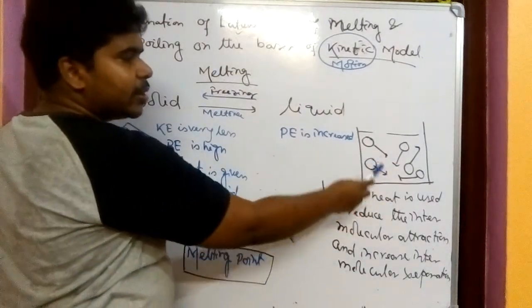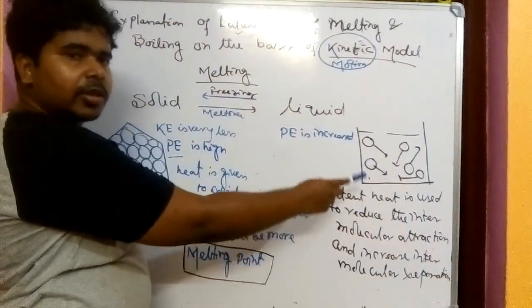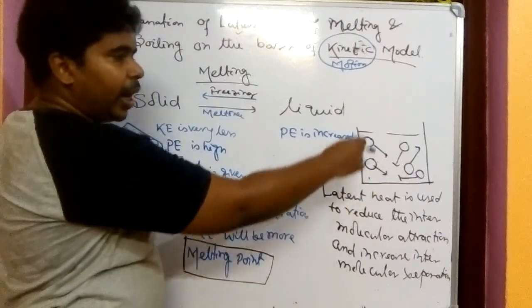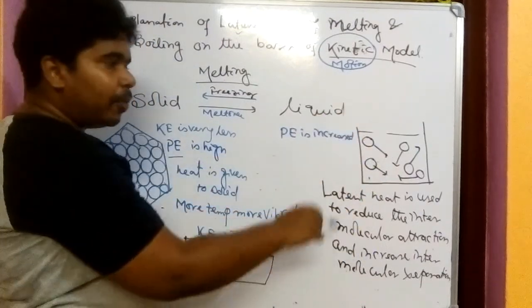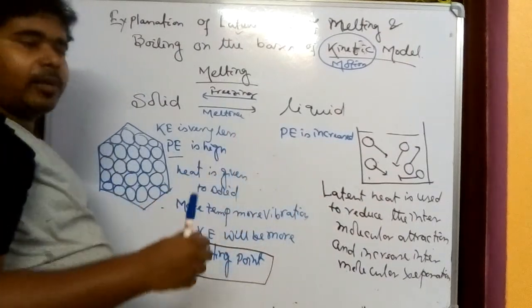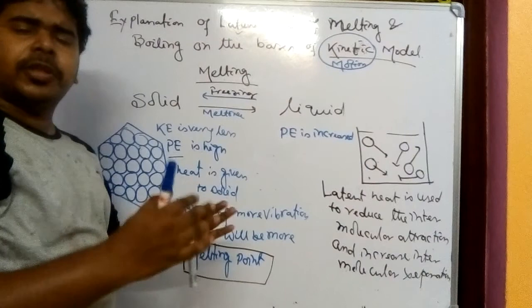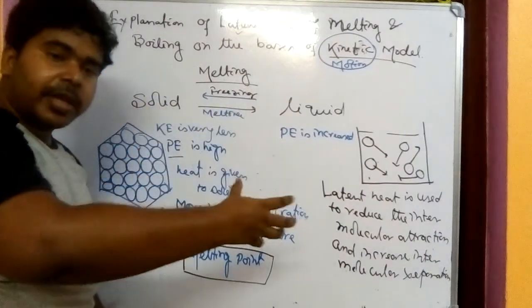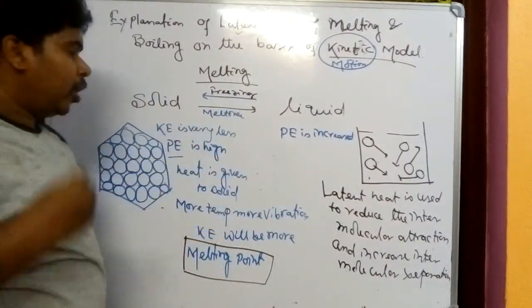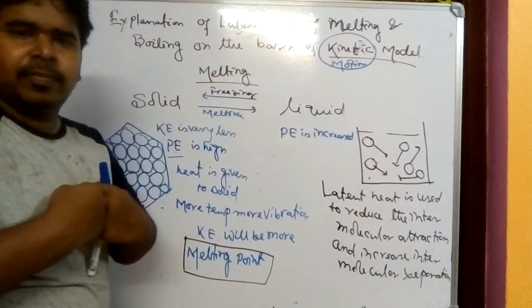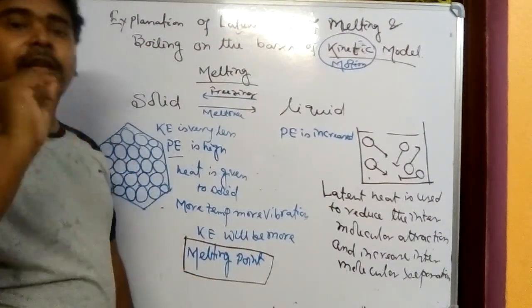If you are decreasing the heat energy here, step by step their motion will decrease, so kinetic energy will decrease. But after a certain time, whenever it reaches the freezing point, then some extra heat energy you have to take out, so that the intermolecular force will be strong and the potential energy should decrease.